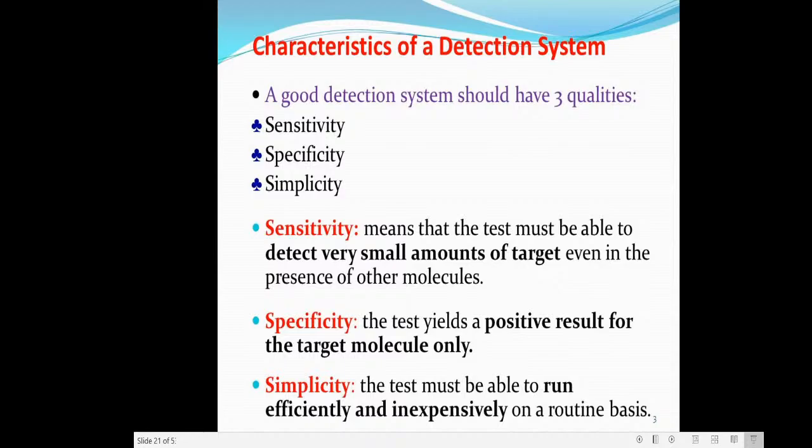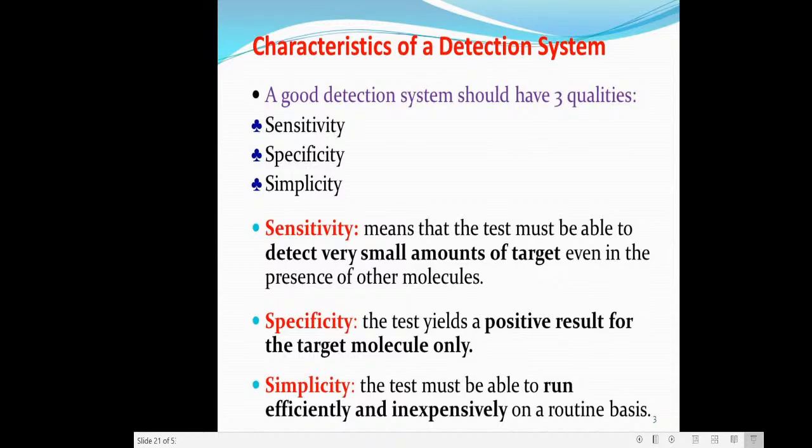In normal conditions the detection system allows 99% sensitivity, but in the pandemic period they allowed some detection kits. Here specificity is very important. Sensitivity means it can detect a very small amount of the target sample.